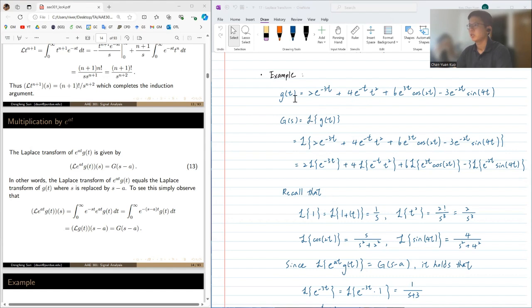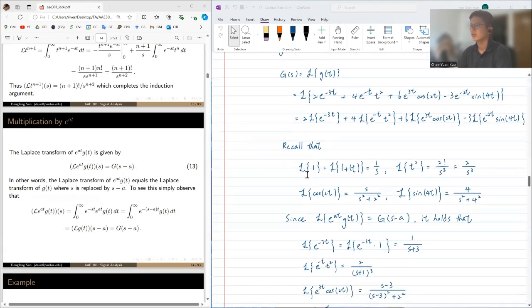And we apply the Laplace transform to g of t, and we will get 2 times the Laplace transform of e to the negative 3t plus 4 times the Laplace transform of e to the negative t times t squared plus 6 times the Laplace transform of e to the 3t times cosine of 2t minus 3 times the Laplace transform of e to the negative 2t times sine of 4t.